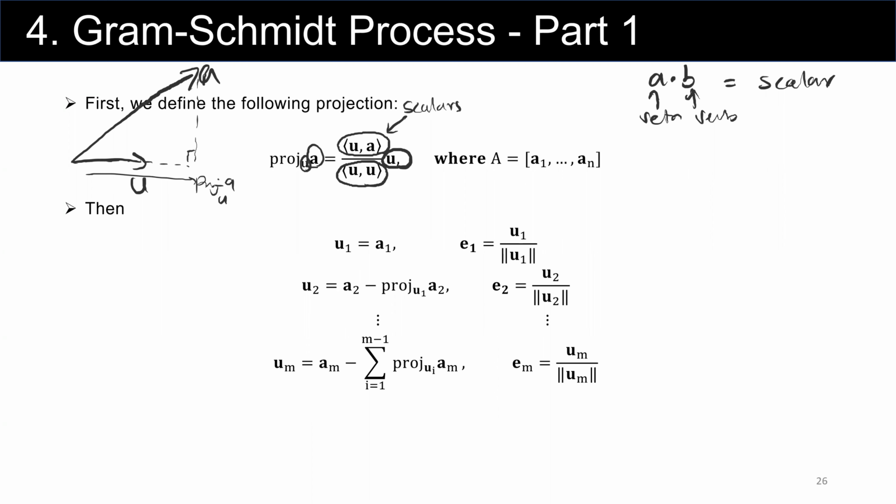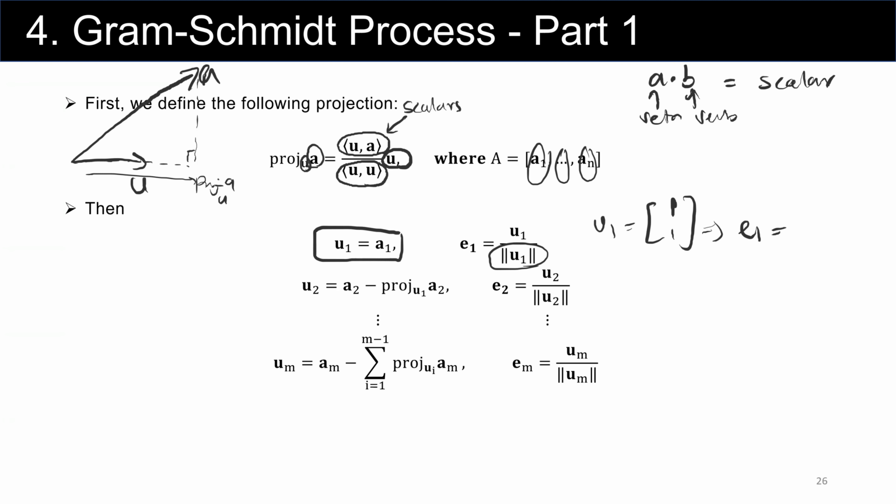All right. And we know that matrix A has columns A sub 1, A sub 2, up to A sub n. We define U sub 1 to be A sub 1, and we define E sub 1 to be U sub 1 normalized by its norm. For example, if U sub 1 is equal to, let's say, (1, 1), then E sub 1 is (1, 1) divided by the square root of 1 squared plus 1 squared, which is (1 divided by square root of 2, 1 divided by square root of 2).